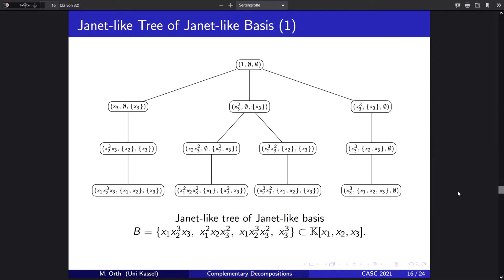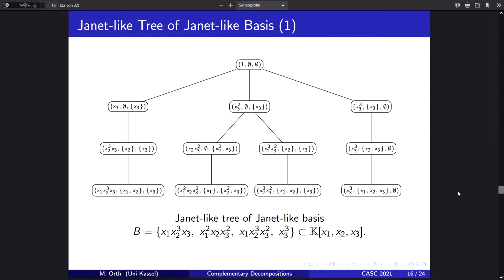So in this example, we get a Janet-like tree for, again, the same ideal as we already had in the earlier examples. We get a Janet-like basis having one element less compared to the Janet basis.